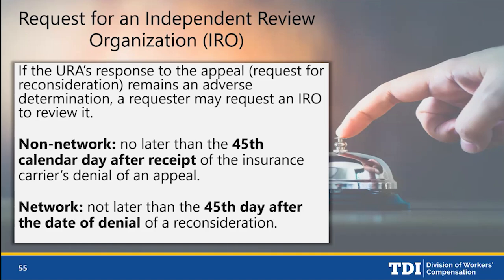There are several independent review organizations that work in the Texas workers' comp system. So be mindful of the time frame to ask for that IRO. On the non-network side, not later than the 45th calendar day after you receive it. And on the network side, the 45th day after the date on the denial.